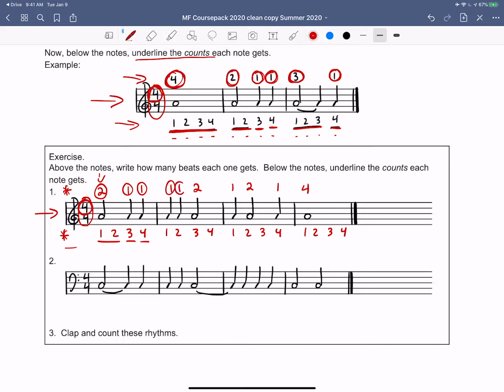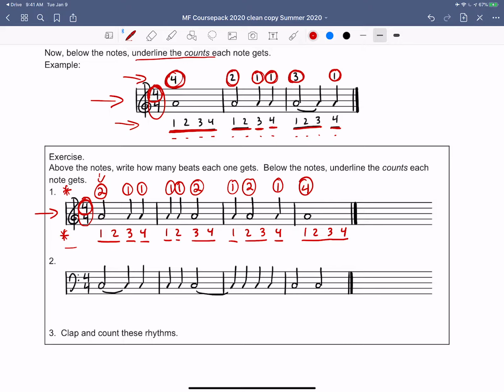Then we've got a couple more quarter notes. There we go. You can see how this works. Underline 2 beats for that half note, 1 beat for that one, 2 beats for this one. So you just take the next available beat, here 1 beat, and then finally that whole note, 1, 2, 3, 4. All of those counts go to that single note.